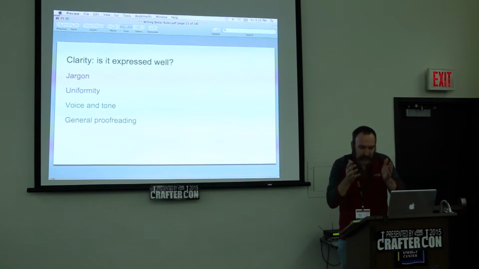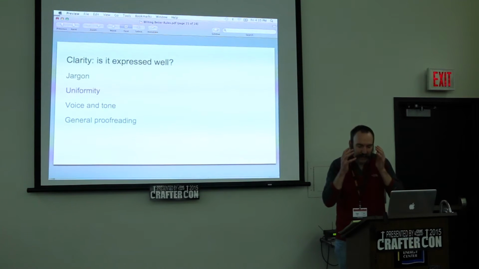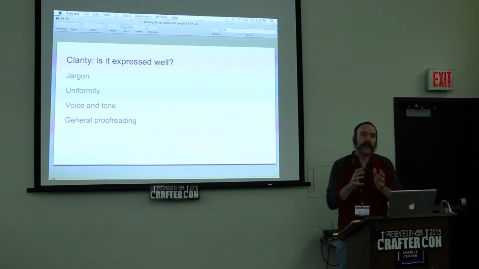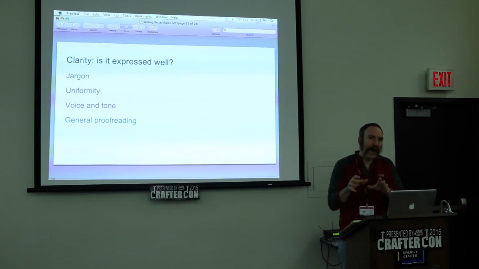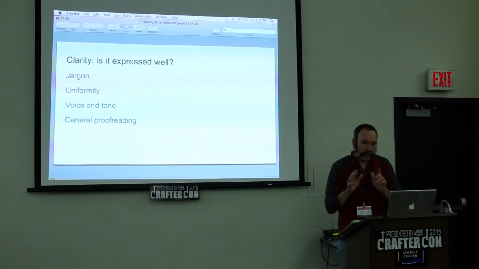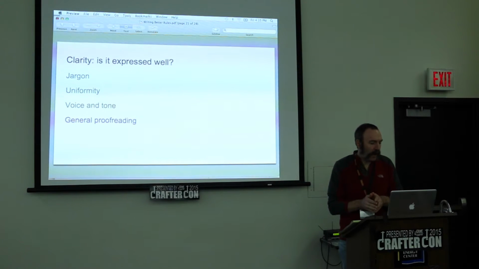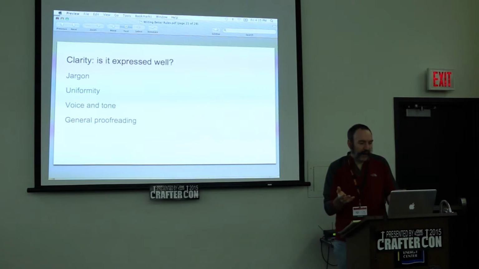So again, an editor needs to ferret that out, and any wording that is unclear or can be interpreted in multiple ways, it's the editor's responsibility to find that and make sure it can only be interpreted in one way.